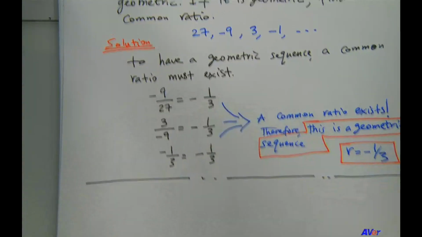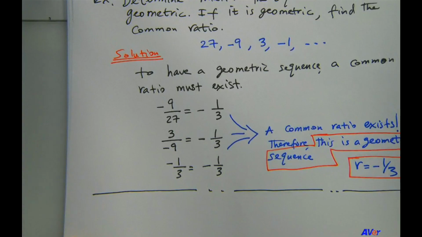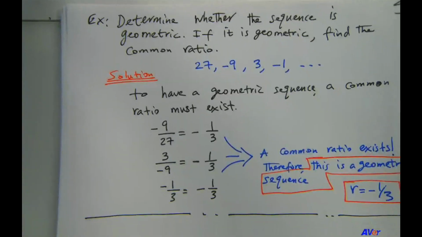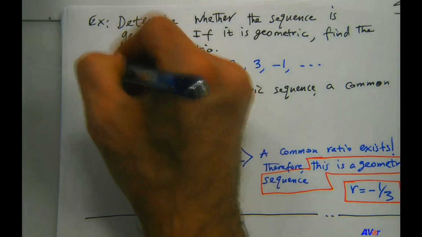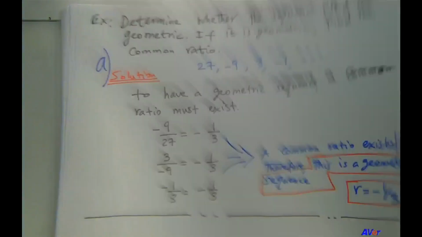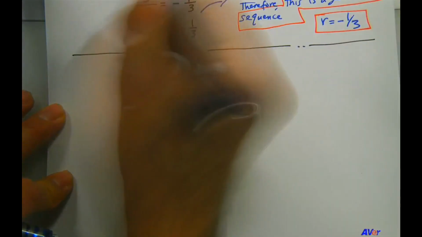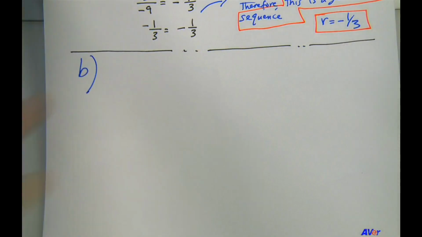So let's make this part A, and that part B. Because we're doing the same thing, I didn't want to write down the same problem statement again. So this is part B.